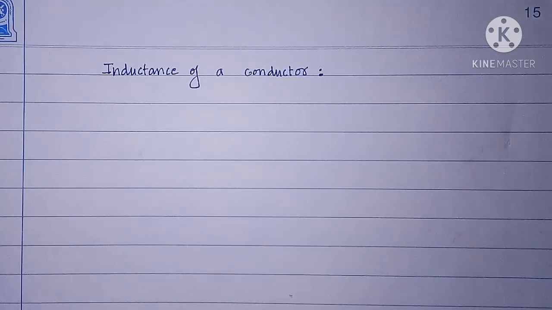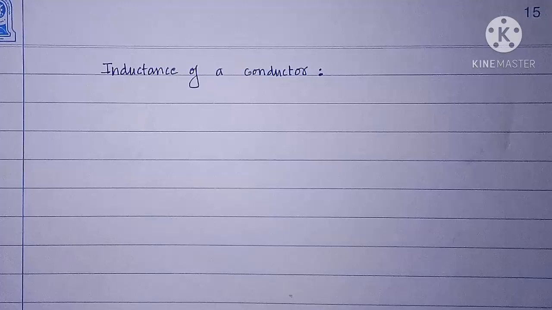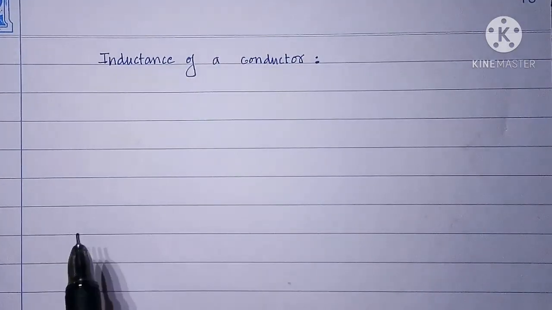Inductances corresponding to these fluxes are calculated separately with making some assumptions, and those assumptions are: current density in the conductor is uniform and relative permeability of conductor material is unity. So just note these points.